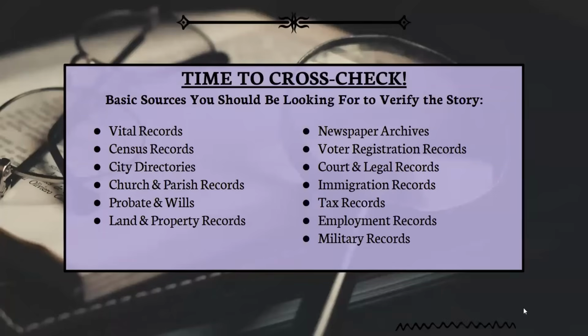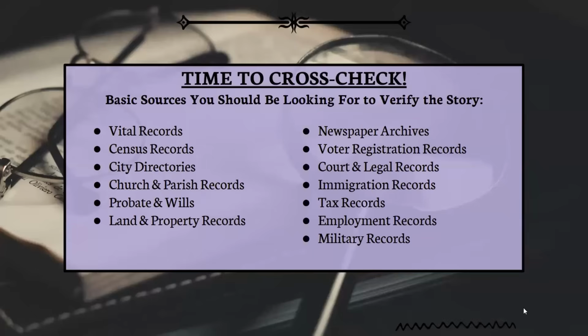So, time to cross-check. These are some of the basic sources you should be looking for to verify any story. You want to look at vital records, so your births, marriages, and deaths, if you have them, census records, city directories, church and parish records, probates, wills, land and property records, newspapers.